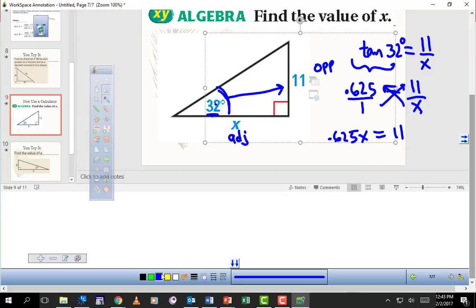Now we divide this side by 0.625, and we divide this side by 0.625. And this cancels off. And we get x is equal to 11 divided by 0.625. And I get 17.6.